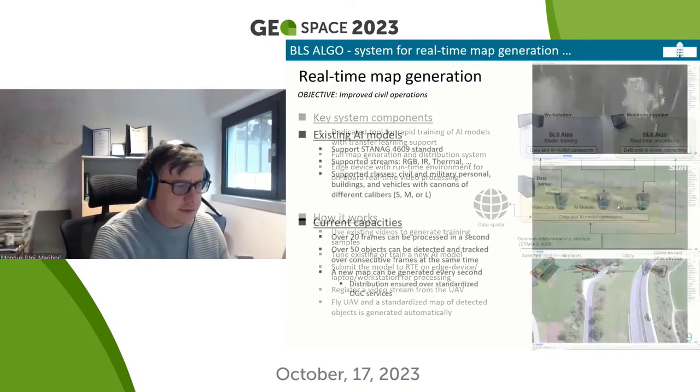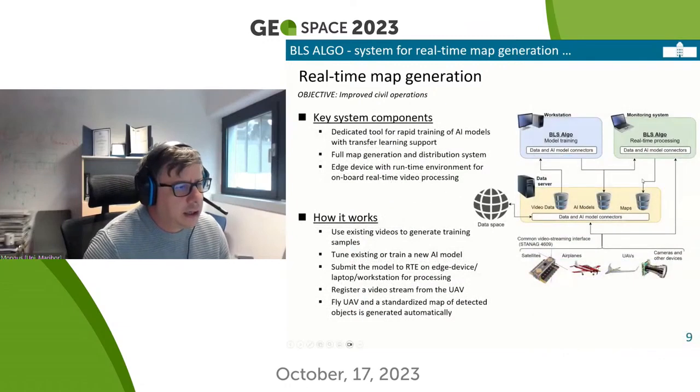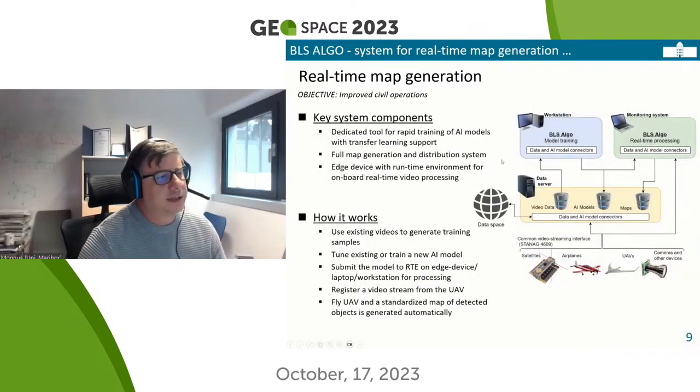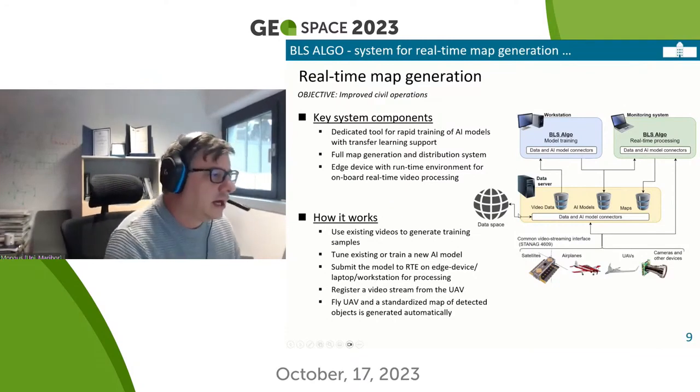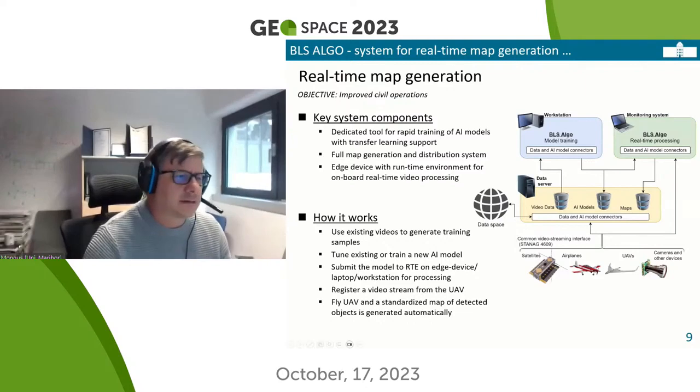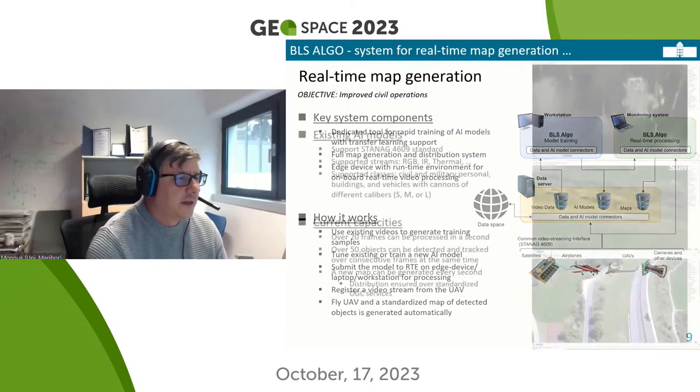These maps are then, via data connectors, registered into a data space and can be distributed anywhere in the world. Currently, I think we need maybe 3 seconds to produce and distribute a map like this.